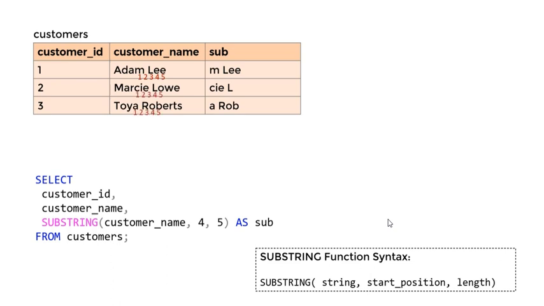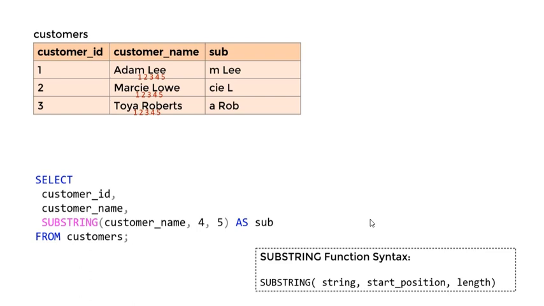Since we want to extract just the last part, we can use the CHARINDEX function to return the position of the space between first and last name, like we did previously when extracting the first name. Except this time we will add 1 to get the start position of the first letter of the last name, right?